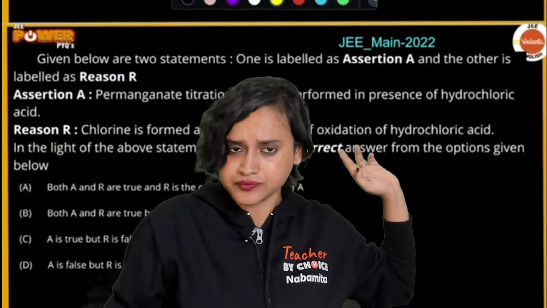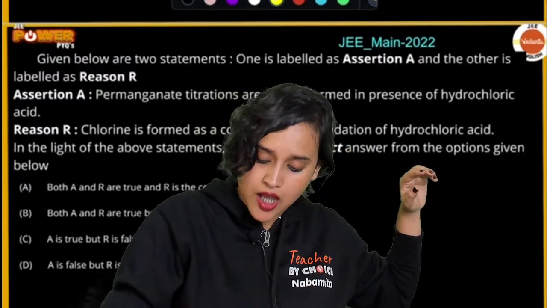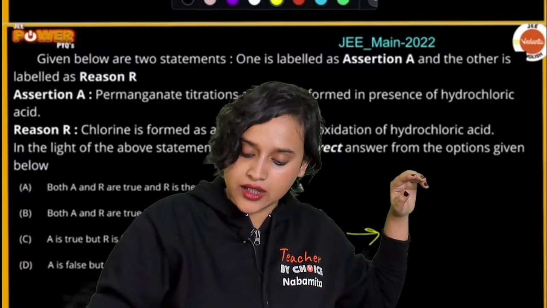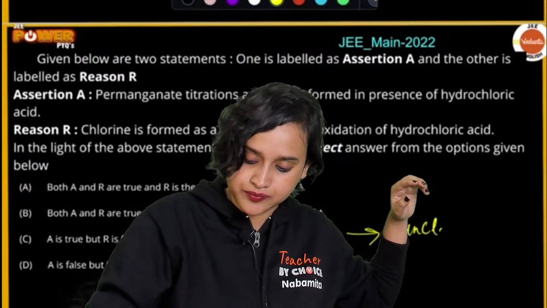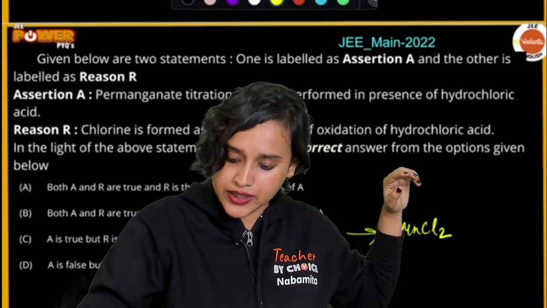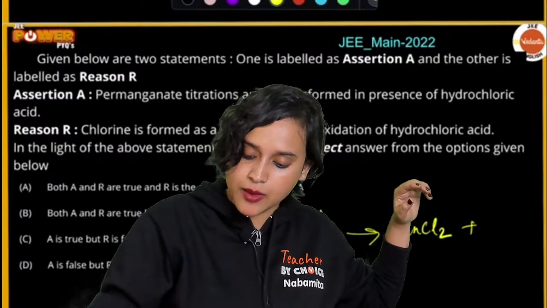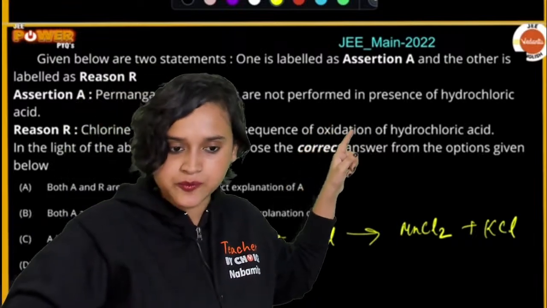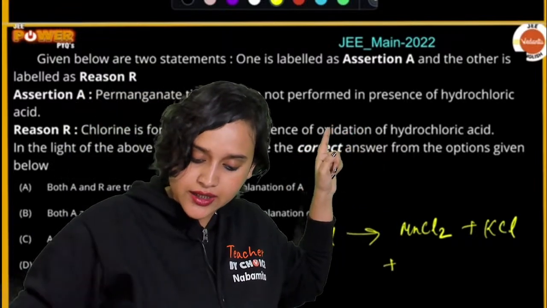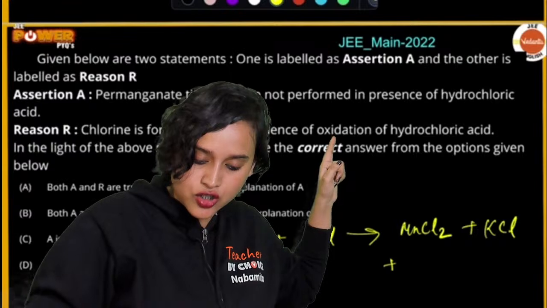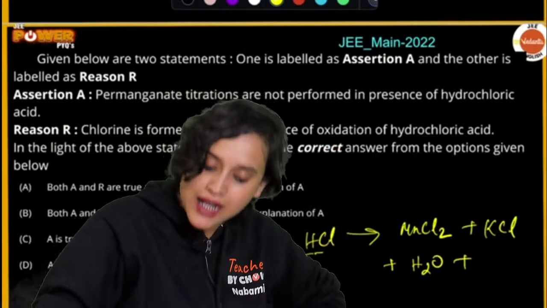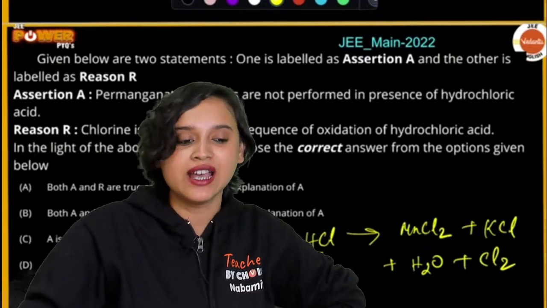So 2KMnO4, potassium permanganate, plus hydrochloric acid. If we take this, we will get MnCl2, plus some amount of KCl, plus H2O, plus some chlorine gas as well.